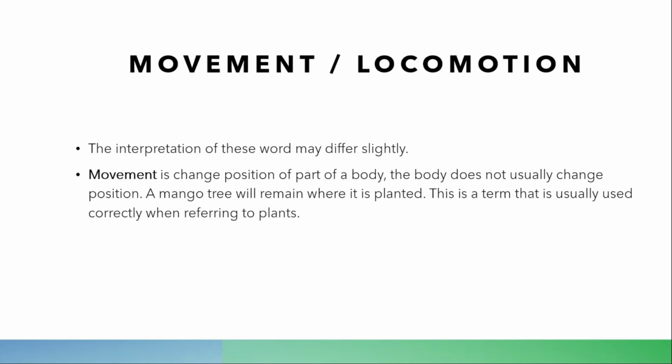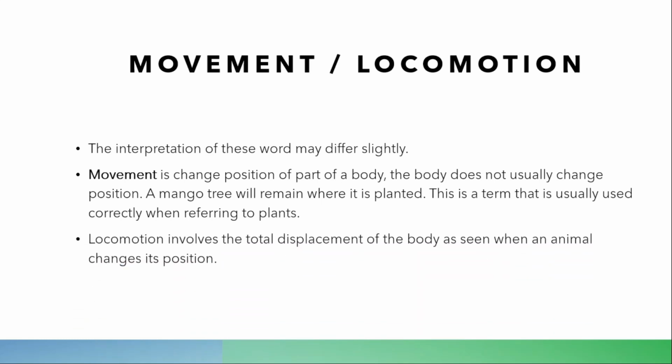But it won't walk away, right? So for that reason, we say that plants tend to move, while animals can both move and locomote. An animal running from here to there or flying from here to there would have locomoted. Locomotion involves the total displacement of the body, as seen when an animal changes its position.